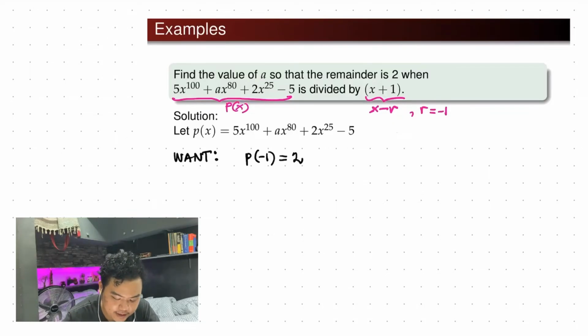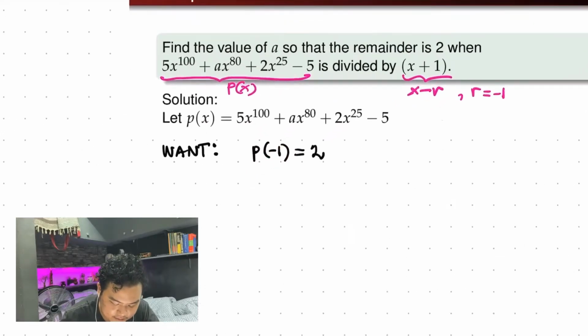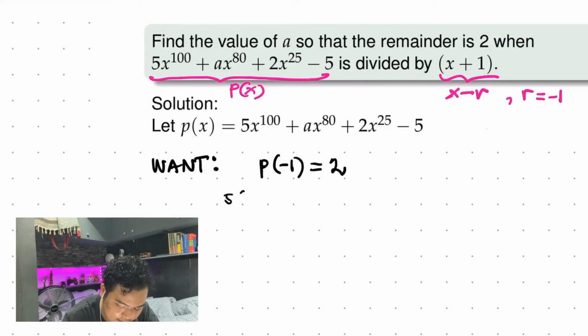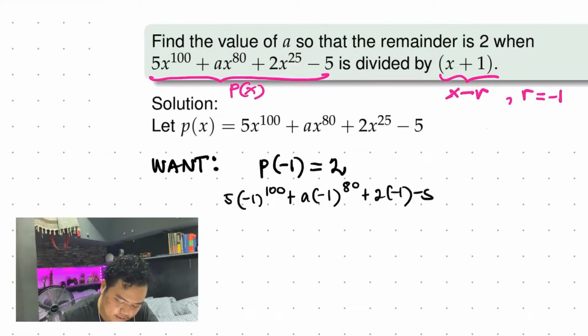And then, pa-plug in lang natin yung negative 1 sa mga x's. So, anong lalabas dyan? 5, negative 1 raised to 100, plus a, negative 1 raised to 80, plus 2, negative 1, minus 5. So, pinlug in natin ito dito, equal to 2. Yun yung gusto mong mangyari. Then, after that, 5 plus a lang ito kasi even exponent. Even exponent.